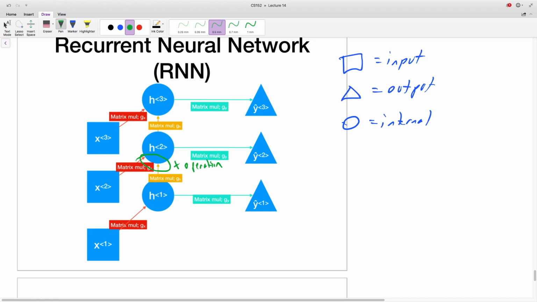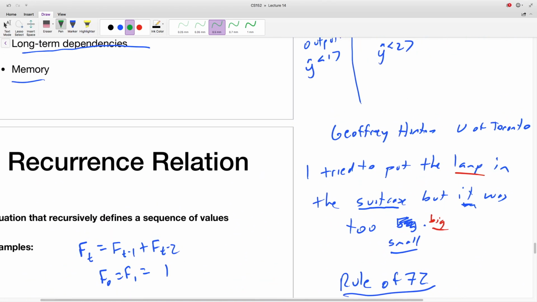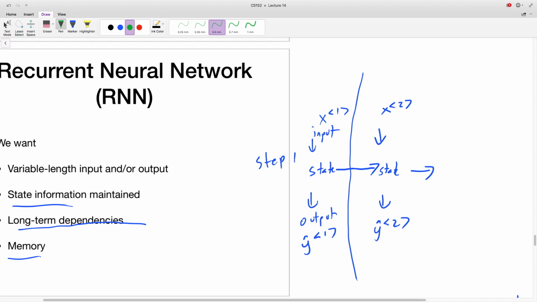So what we're doing is basically taking, right here, this is the same diagram. The only real difference is we have a matrix here that's the same as the matrix here, and a matrix here that's the same as this matrix here, and a matrix here that's the same as that matrix here. Okay?